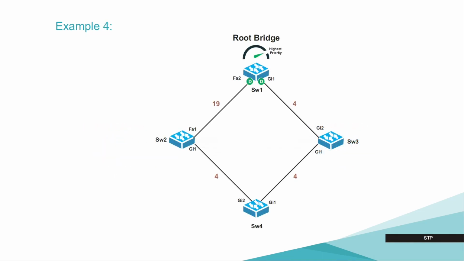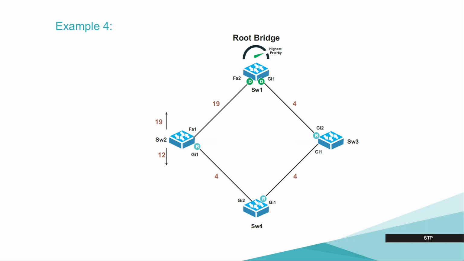Let's take another example. In my example here, I have switch 1, switch 2, switch 3, and switch 4. Switch 4 has the lowest bridge ID, so it became the root bridge. All the paths have a gig interface except the link between switch 1 and switch 2. So the root bridge port will be designated forward and will have value 0.